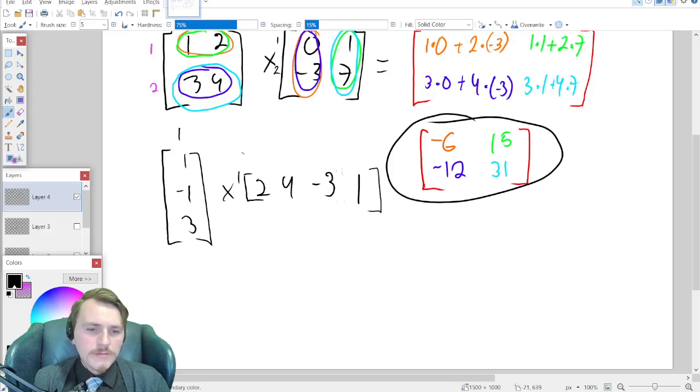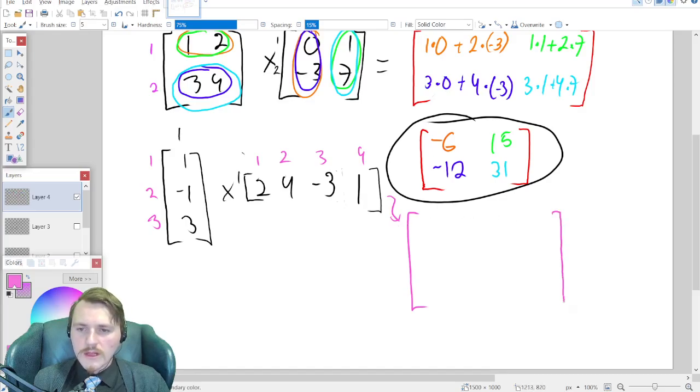So how many rows do we have here? Well, we have 1, 2, 3, 1, 2, 3, 4. So our resulting matrix is going to be 3 by 4. So let's start on that. 3 rows by 4 columns.